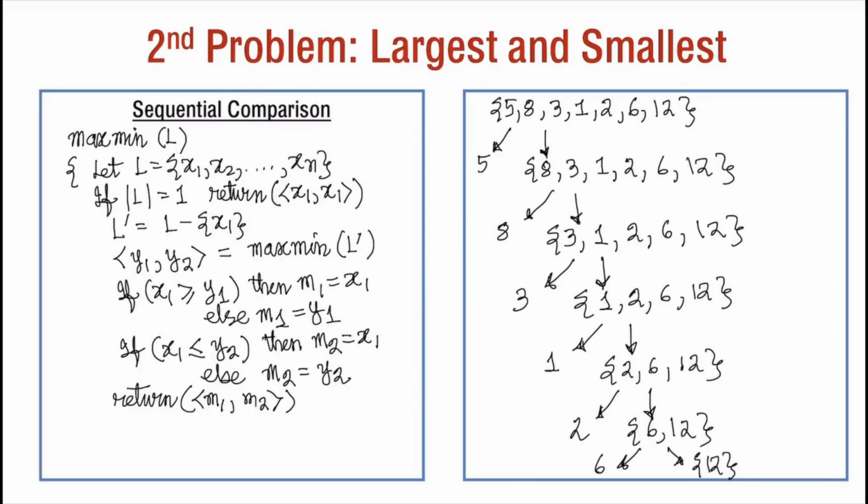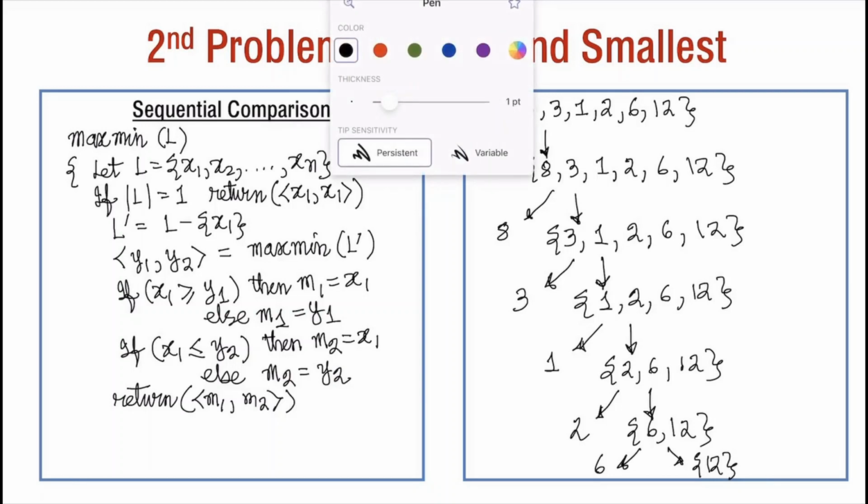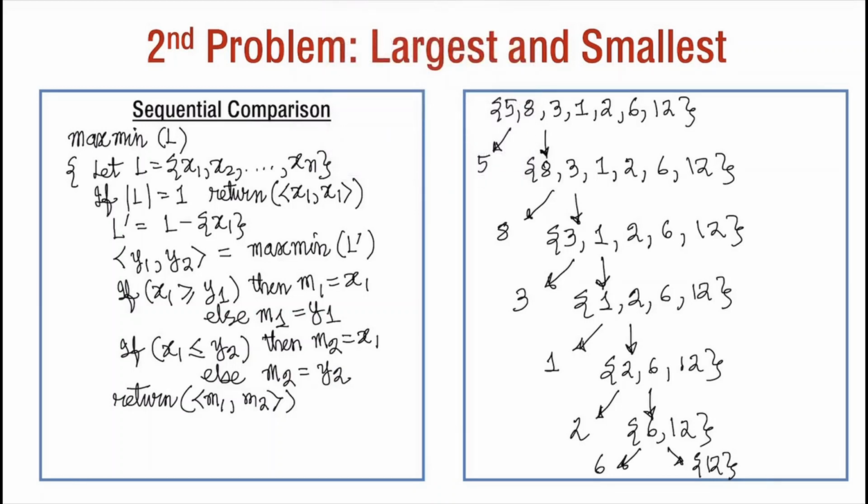And now since we have reached the base condition, we now see how the recursion returns. So unlike the previous one, here two values are returned. So this returns 12, 12. Now 6 is compared with 12, and therefore m1 is 12.